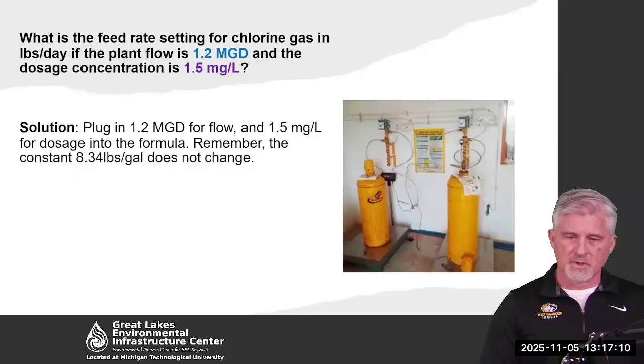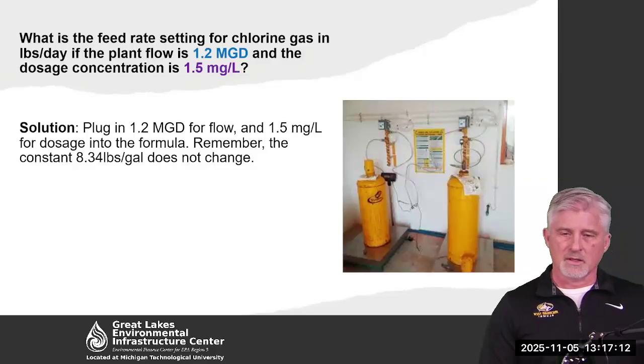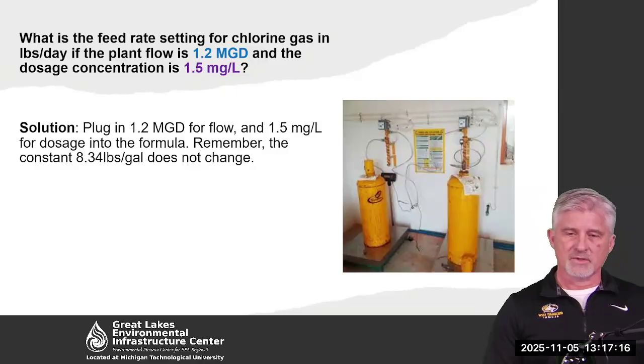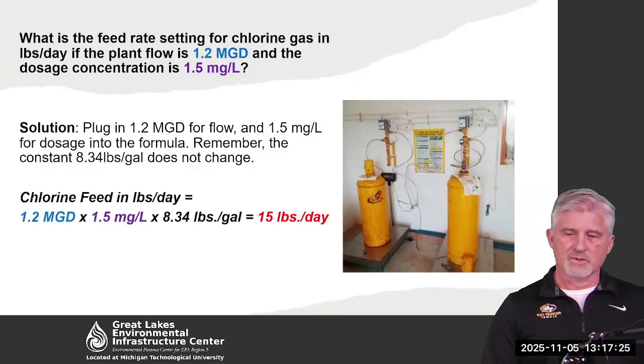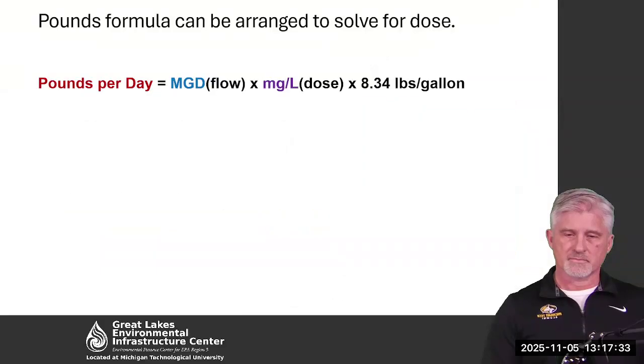For our solution, we're going to plug in 1.2 for the flow, 1.5 for the dosage, and the weight of water per gallon doesn't change. So 1.2 million gallons a day multiplied by 1.5 parts per million and by 8.34 pounds per gallon, we get 15 pounds per day.